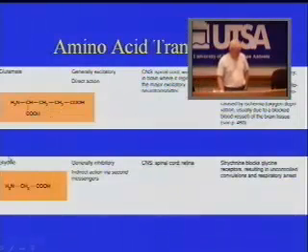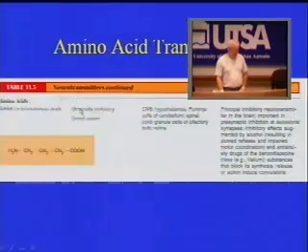Then glycine is the other amino acid transmitter that we're going to talk about. So these two examples are amino acids used as neurotransmitters. We can further subcategorize these as modified amino acids like GABA, histamine and the catecholamines. So there are some differences.